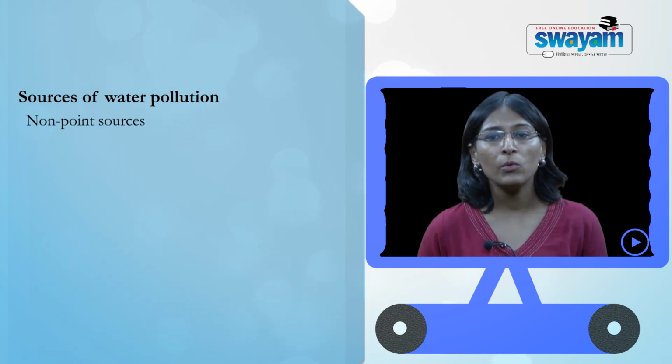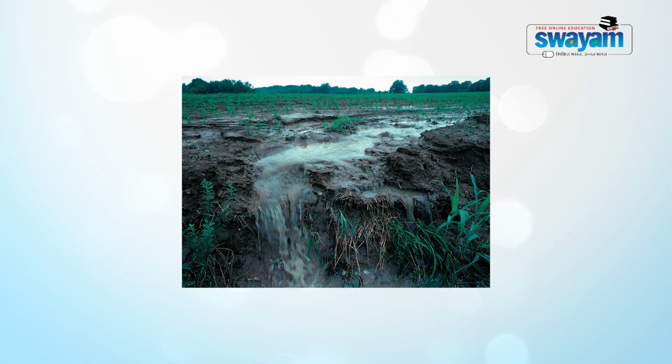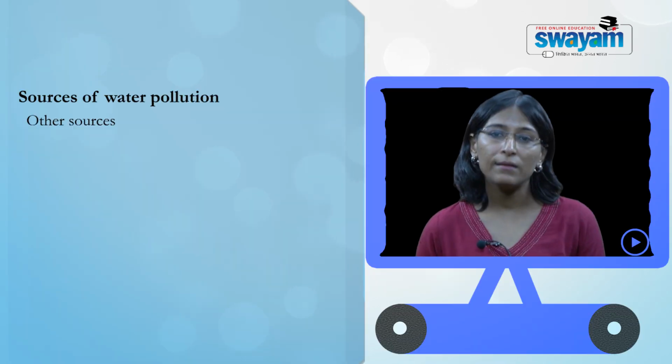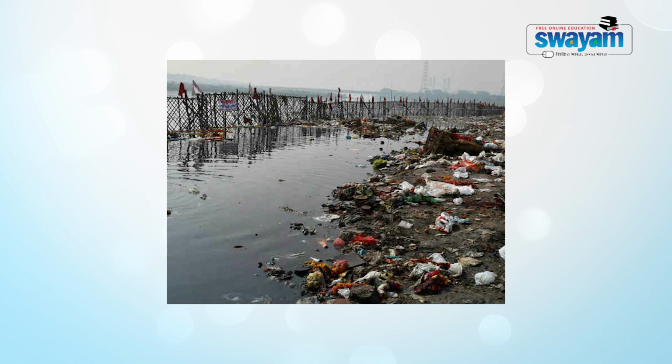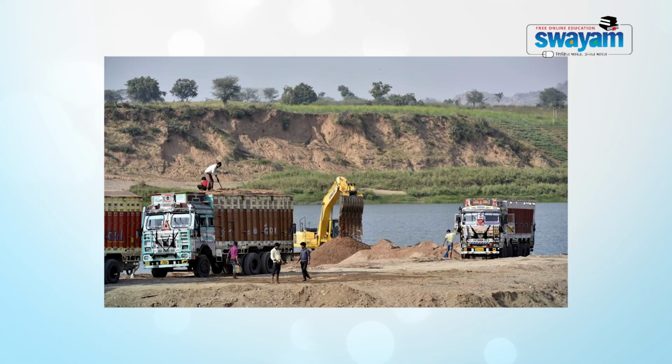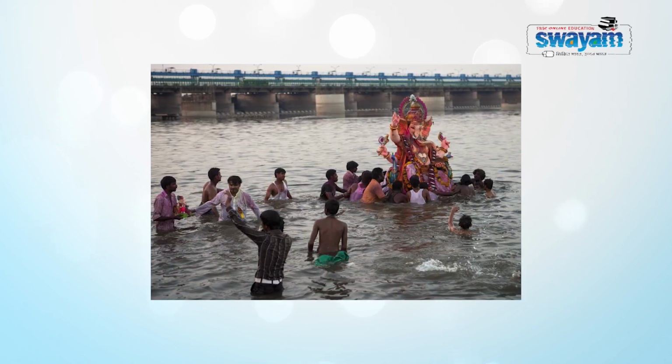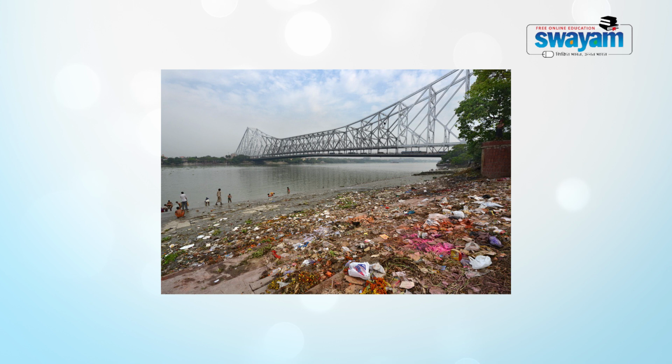Non-point sources would comprise activities like agriculture and the runoff resulting from such agricultural activities. There are also other sources of water pollution, and these include encroachments near water bodies, sand mining activities, religious activities such as immersion of idols, or dumping of municipal solid waste, construction waste, etc.